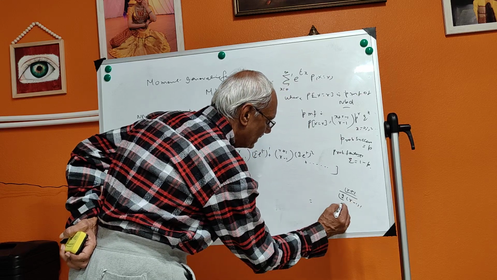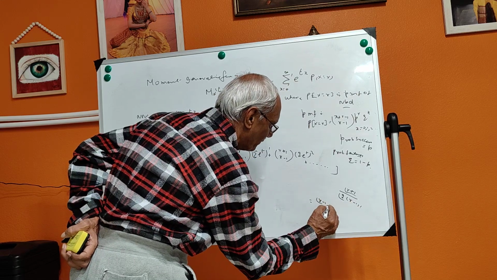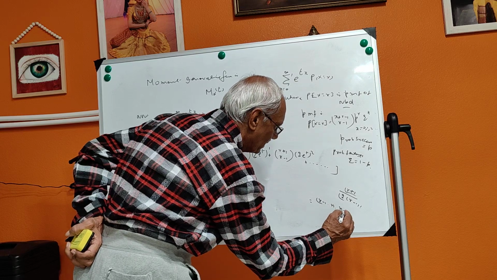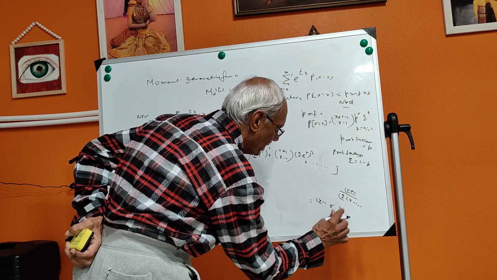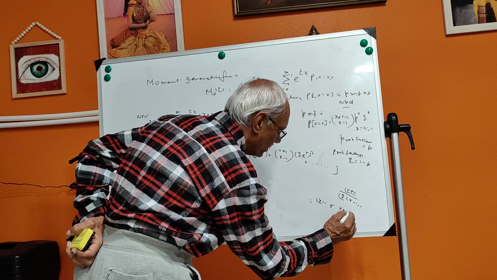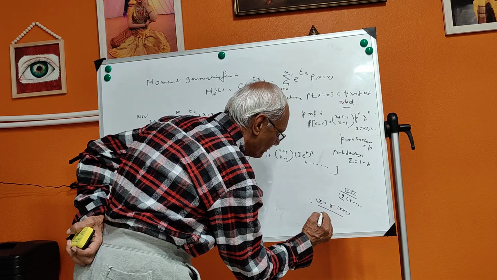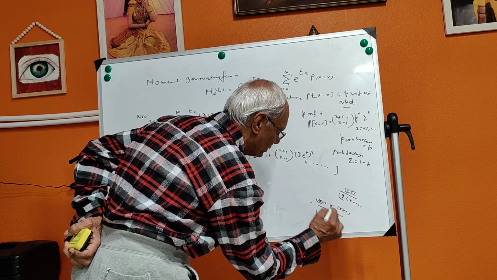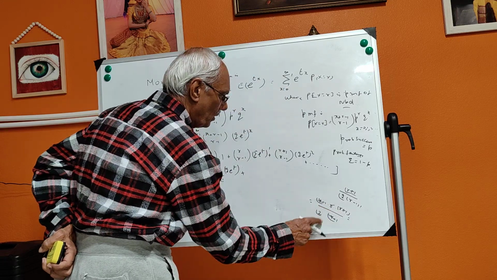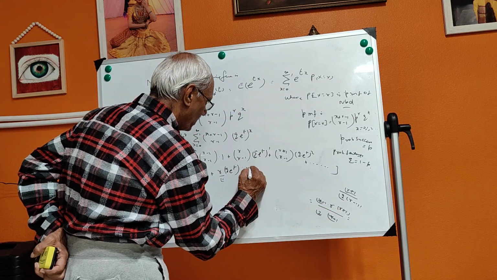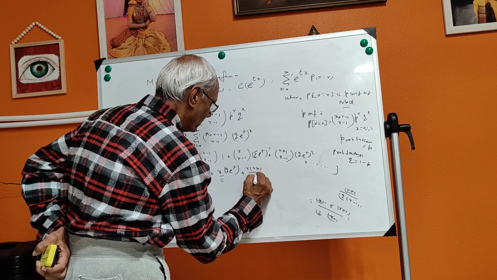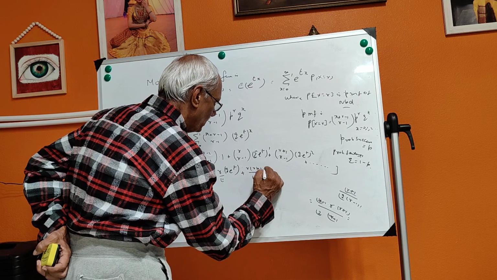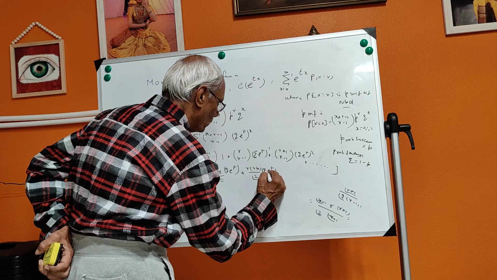So this is nothing but (r - 1) factorial into r into (r + 1) divided by 2 factorial into (r - 1) factorial. So these two will go off, giving you r into (r + 1) divided by factorial 2 into (q e to the power of t) whole square.